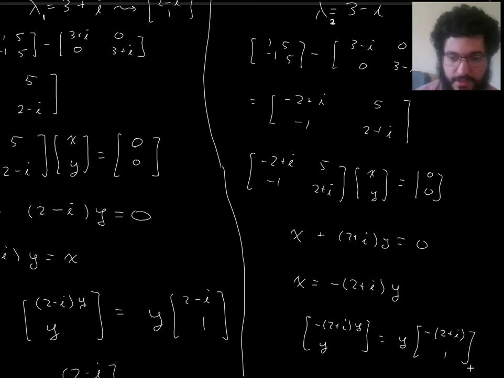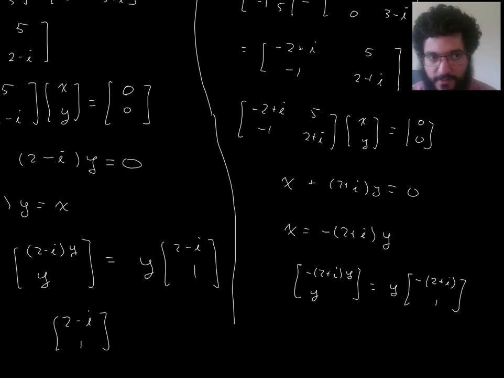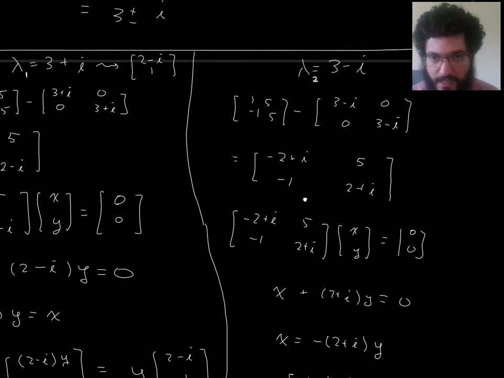Any scalar multiple. And now I just need one option for a vector, and I could pick y equals 1, but I'm actually going to pick y equals negative 1, and you will see why. I'm picking y equals negative 1, so this makes this be 2 plus i and then minus 1 here. So there's fewer overall minus signs, so that just looks prettier, but there's another reason I'm picking y equals negative 1. So (2 plus i, minus 1).